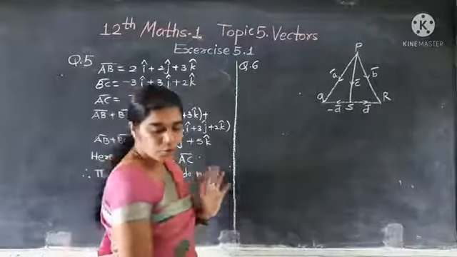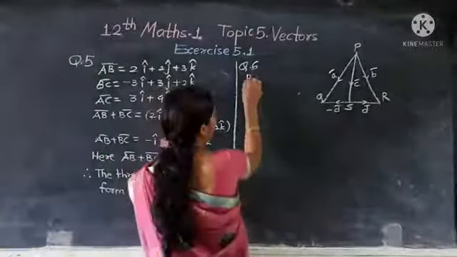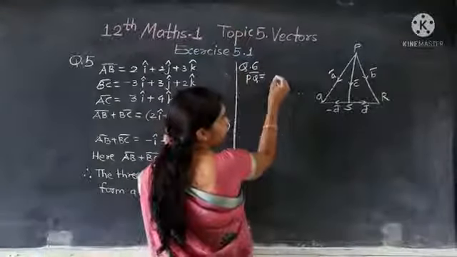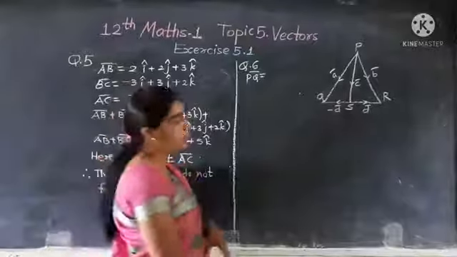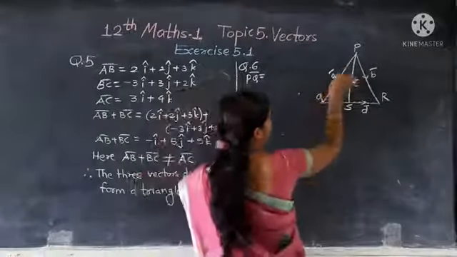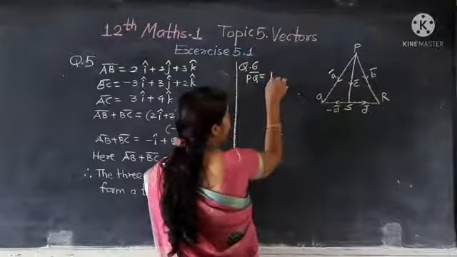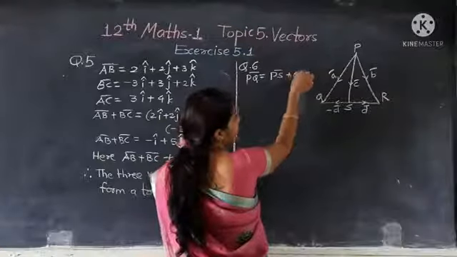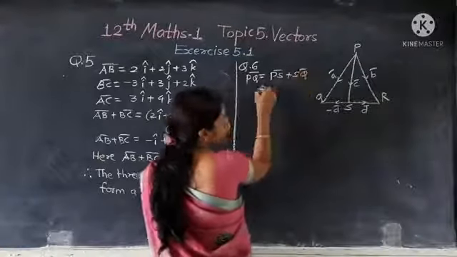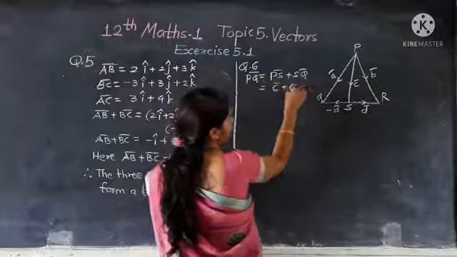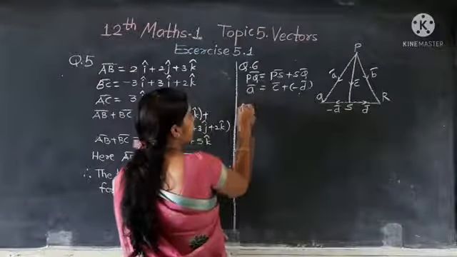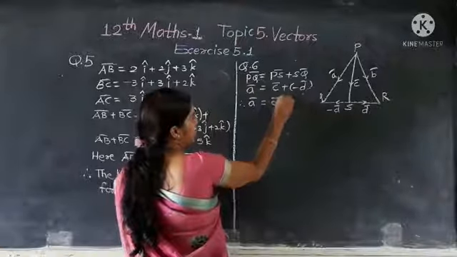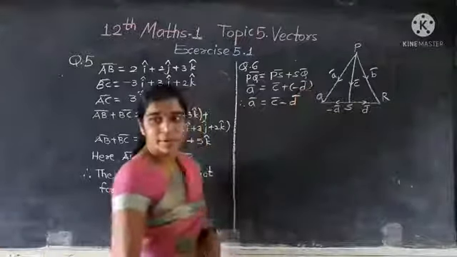Okay. So here we find first PQ bar. How to find PQ bar? A bar we have to find, na? PS bar plus SQ bar. What is PS? C bar plus minus B bar. PQ bar is A bar. Therefore, we write A bar is equal to C bar minus B bar.